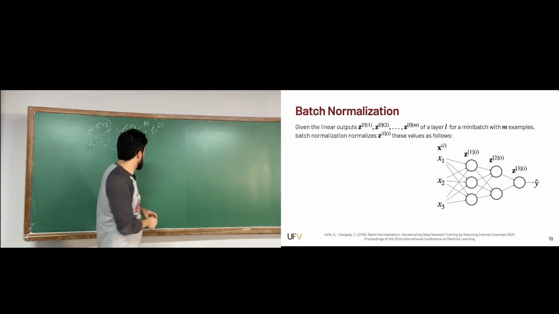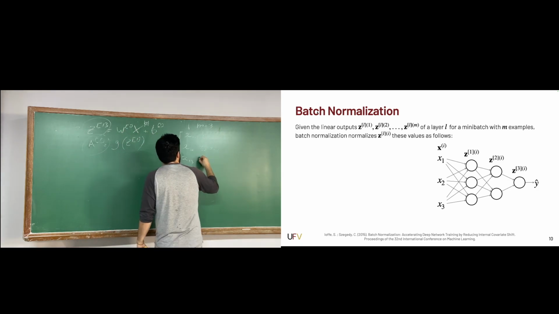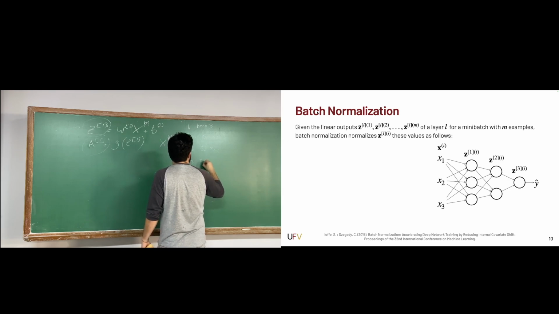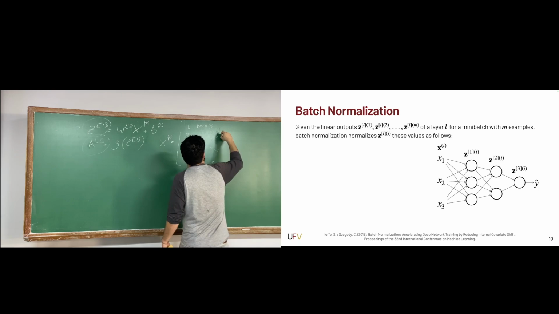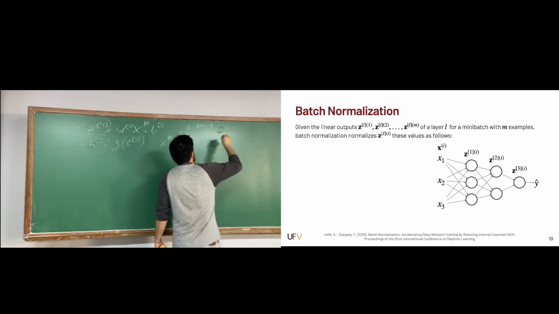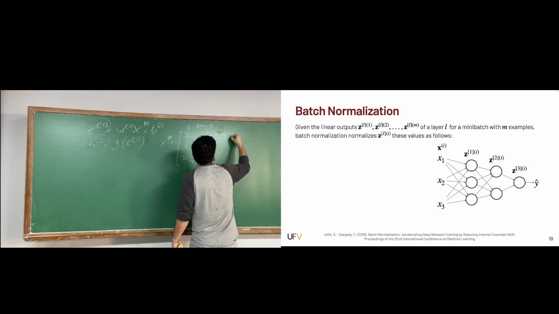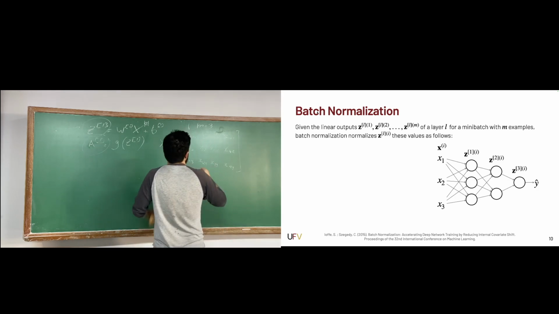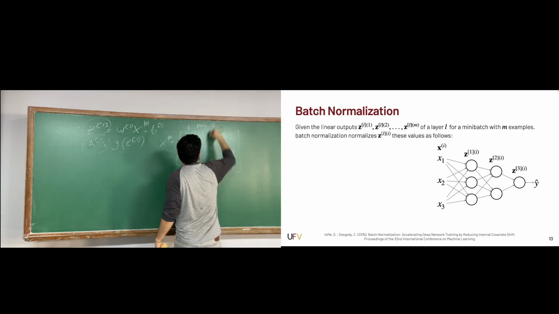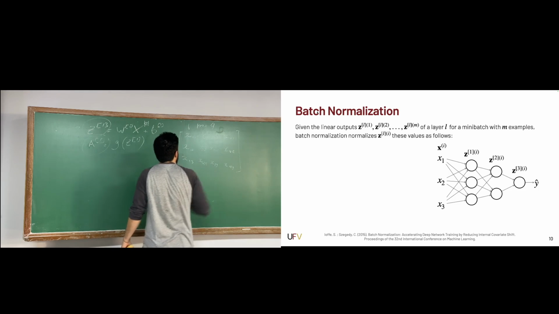If I had 3 examples in my data set, x1, x2, and x3, and just to not make this matrix square, because that might confuse you, I'm going to add a 4th example. So now we have m equal to 4. We have 4 examples here.